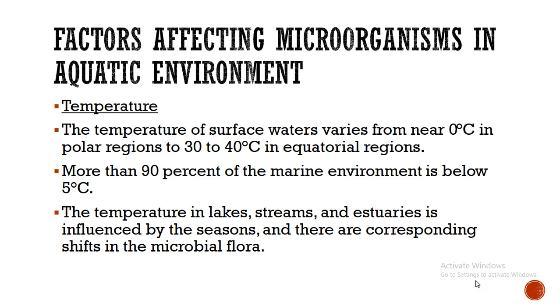दिस कंडीशन इज़ फेवरेबल फॉर द ग्रोथ ऑफ साइक्रोफिलिक माइक्रो ऑर्गेनिजम्स. माइक्रो ऑर्गेनिजम्स जो हैं वो हॉट स्प्रिंग्स में भी होते हैं, वहाँ पे भी पाए जाते हैं, एंड दे कैन बेयर टेम्परेचर अप टू 75 to 80 डिग्री सेंटीग्रेड.